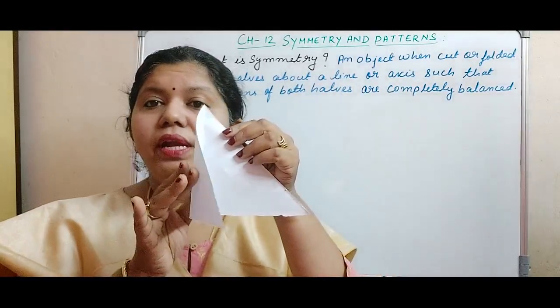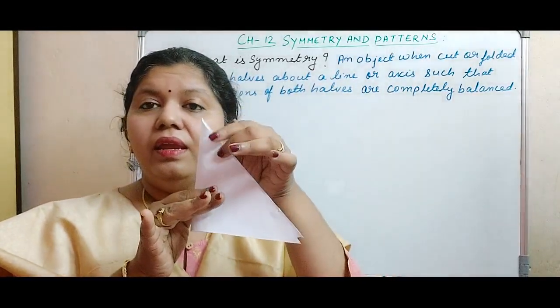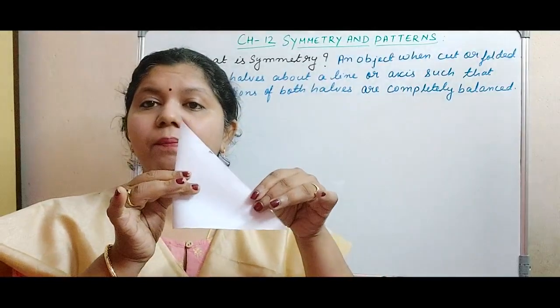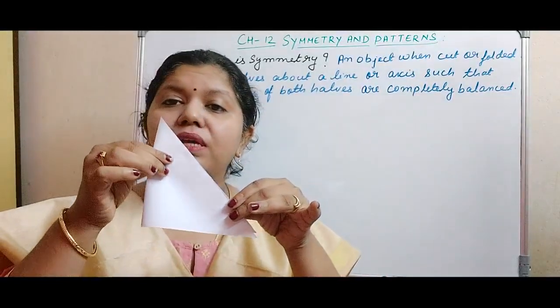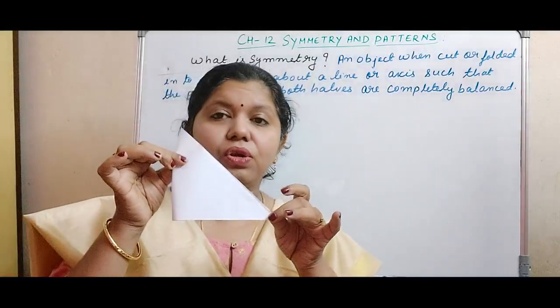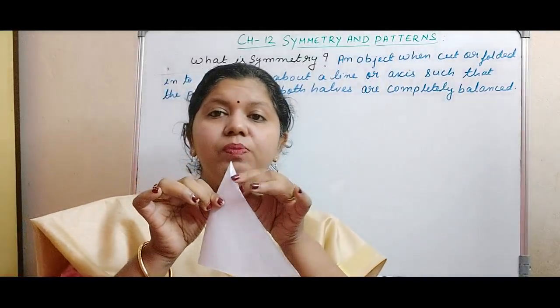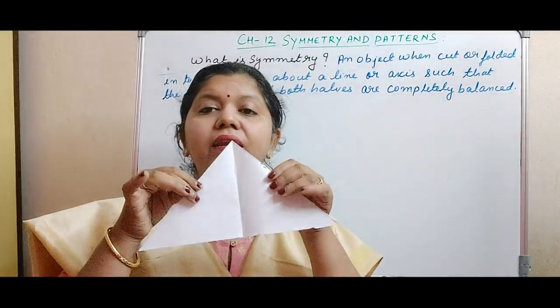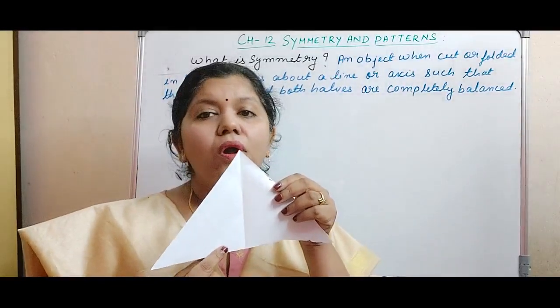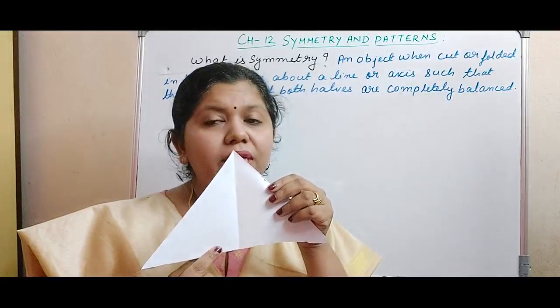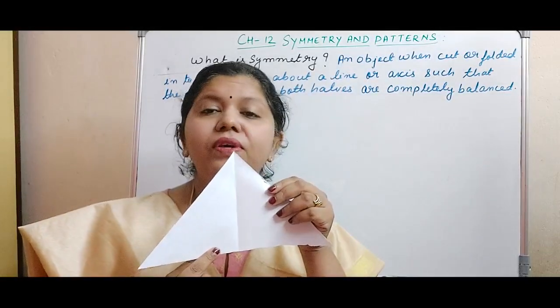Once you fold it in this way, you can see that completely one side overlaps on the other side. Yes or no? So this particular line is called the line of symmetry, or we can also call it the axis of symmetry.